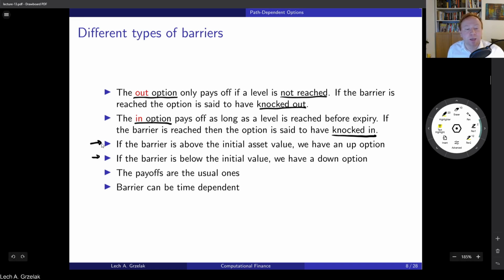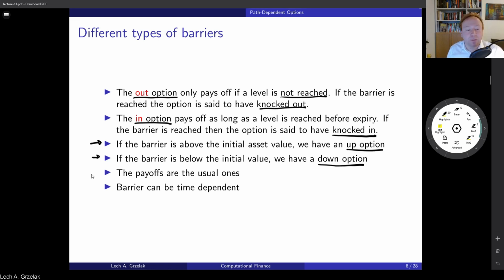If the barrier is above the initial asset value, then we call it an up option. If the barrier is below the initial value, we have a down option. As you can see, it may be a little bit confusing because there are so many different terms like out option, knockout, in option, knock-in, up option, and down option. But I think it's just a matter of time until you get used to it.